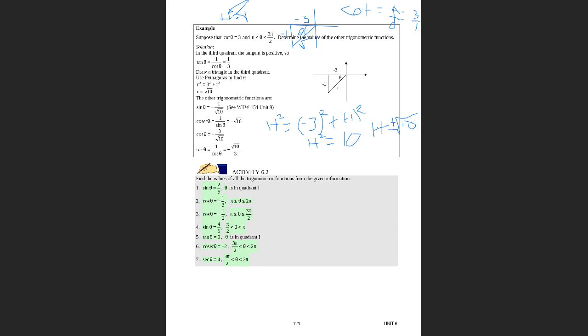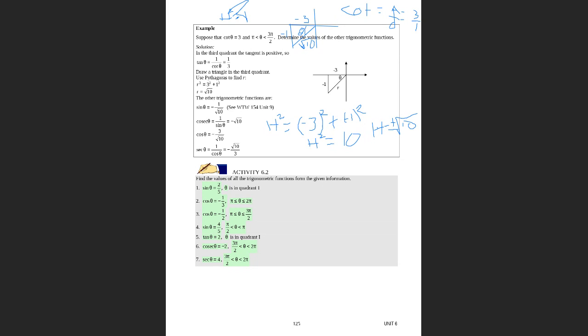So once you know this, you can find any ratio. For instance, sin theta is opposite over hypotenuse, so it will be negative 1 over root 10.